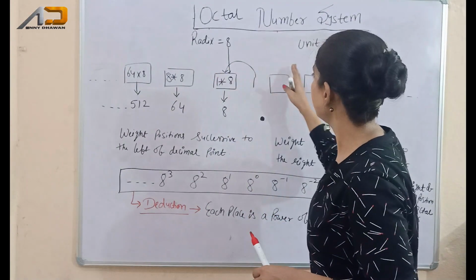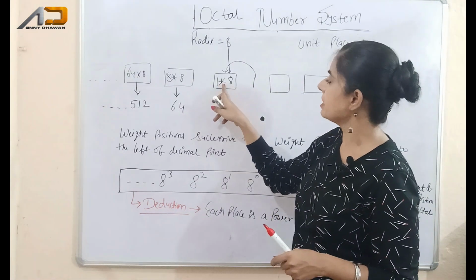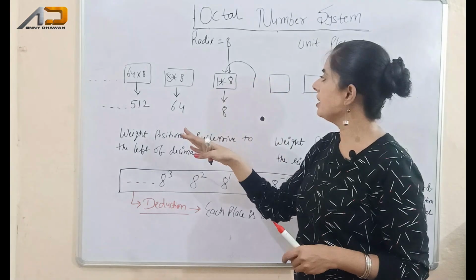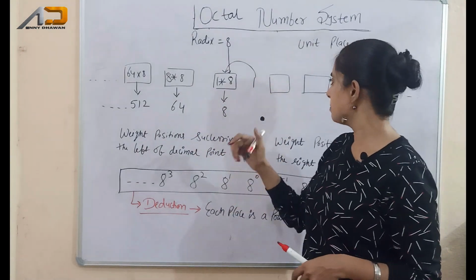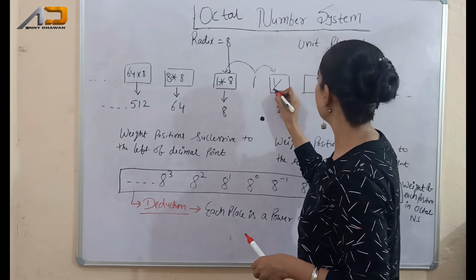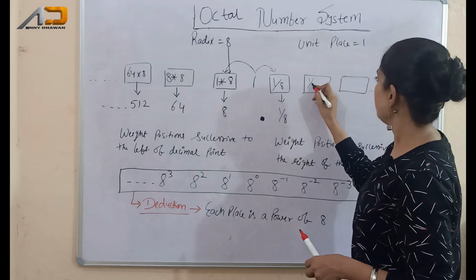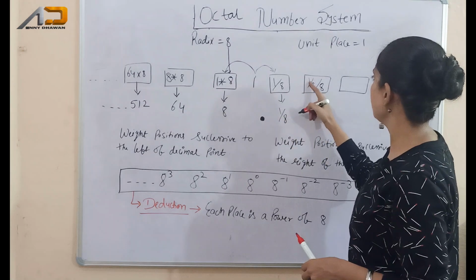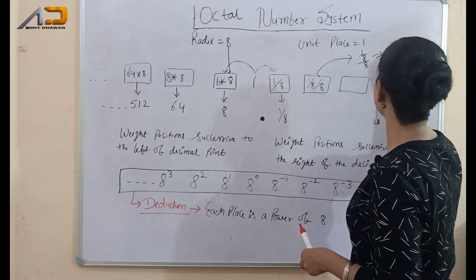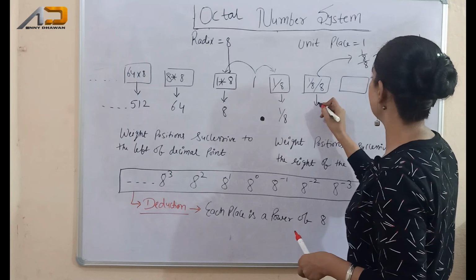And how can we get the weight positions successive to the right of the decimal point? Now just replace the multiply operation by divide operation, like we did in the binary number system and decimal number system. So what we got here, 1 divided by 8. It's 1 divided by 8 divided by 8, and solve this. 1 divided by 8 divided by 8, you will get 1 by 64.